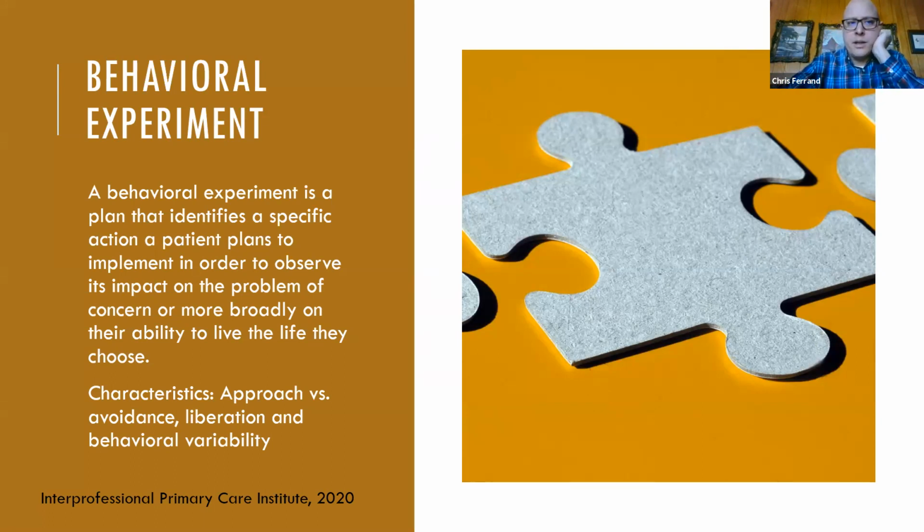A behavioral experiment is a plan that identifies a specific action a patient plans to implement in order to observe its impact on the problem of concern, or more broadly, on their ability to live the life they choose. So notice, you observe its impact. Characteristics of those experiments: approach versus avoidance, and behavioral variability. Remember that oftentimes, because of avoidance, life gets very narrow, very constricted.